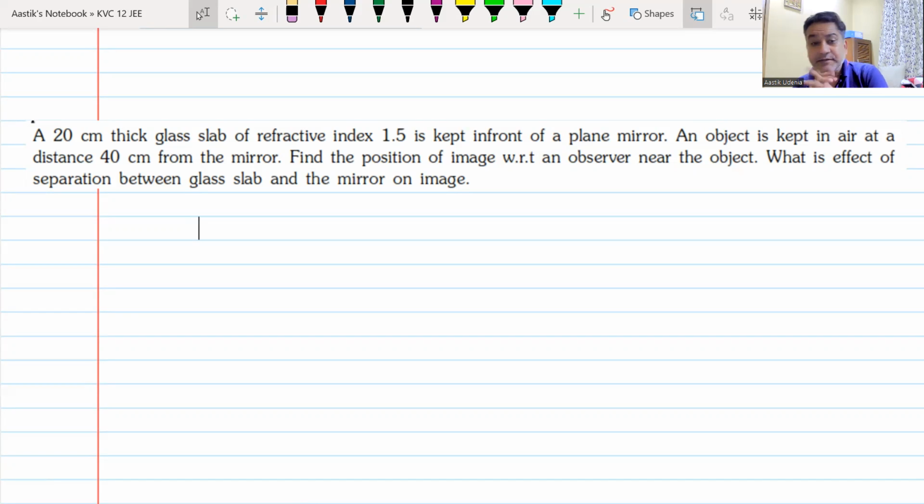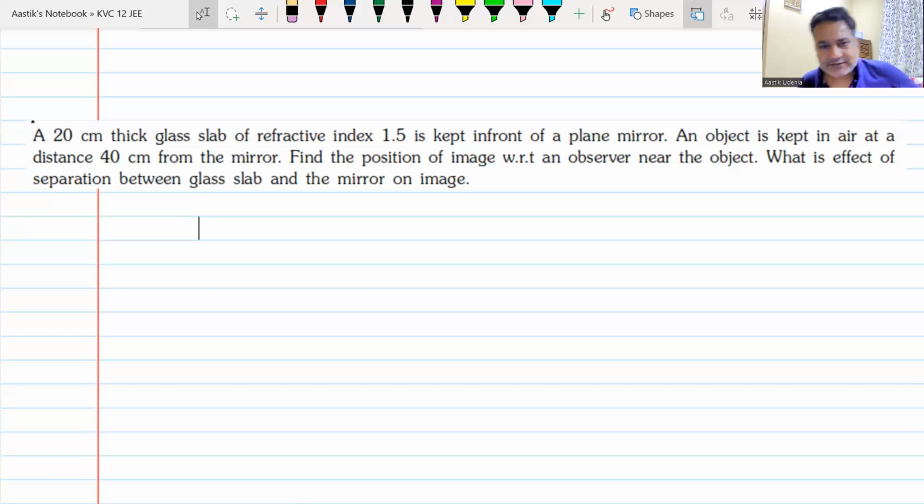Do we understand the question? Remember, no diagram is given in the question. So there is an object, there is a glass slab, and then there is a mirror. The object is placed somewhere, the glass slab is somewhere. And now we have to find out where the observer is going to see the image of the object.